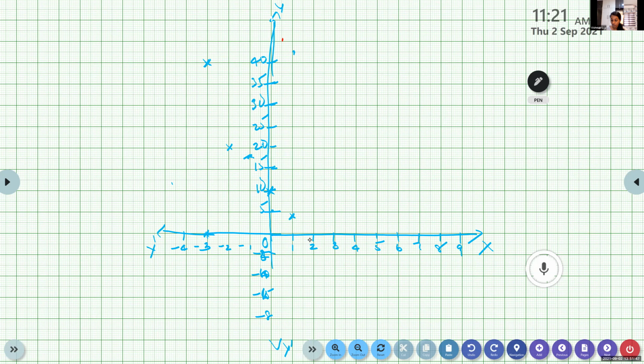X is 3, y is -2, so somewhere here you will get. Then x is 4, y is -2 again. Here it is -5, so somewhere here you will get. Then x is 5, y is 0. Then x is 6, y is 4.